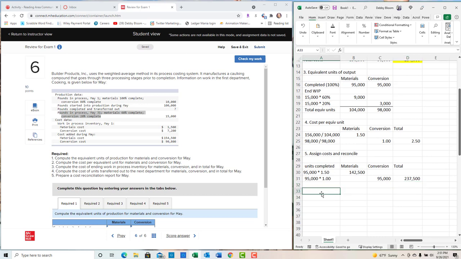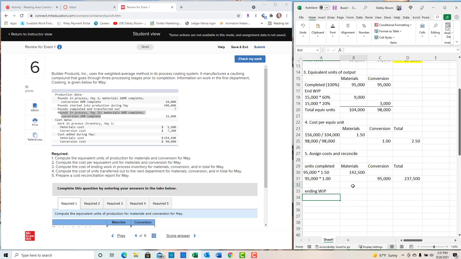Now, instead of the units completed, let's move on to the ending work in process. Now the ending work in process has 2 different numbers. Our units completed, our finished goods has the same numbers, but our ending work in process has 9,000 and 3,000.